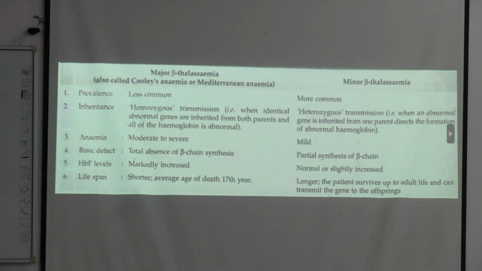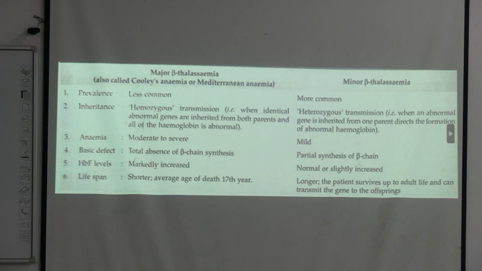In major beta thalassemia, in spite of repeated blood transfusions, it is a very grave disease. The quality of life becomes very poor almost from birth, and repeated blood transfusions are required, every month or every 15 days; the child has to get admitted, hospitalized and transfused.